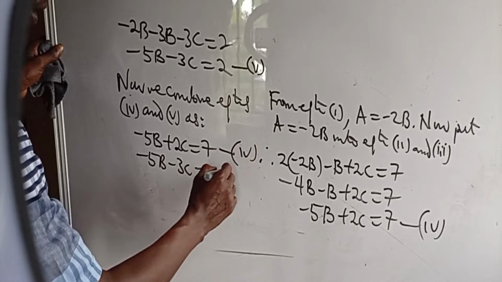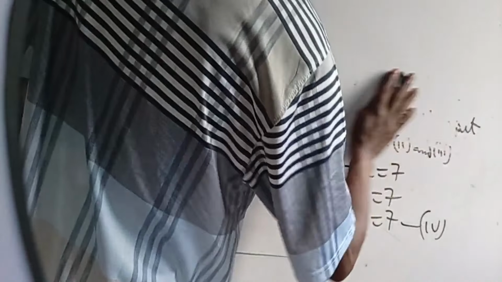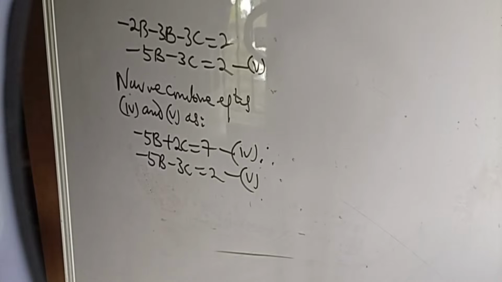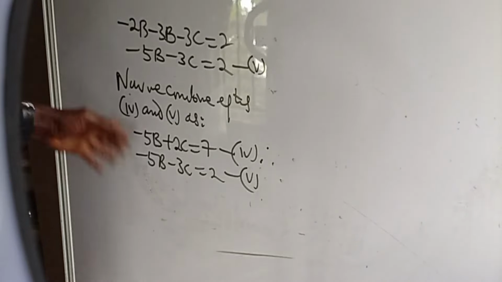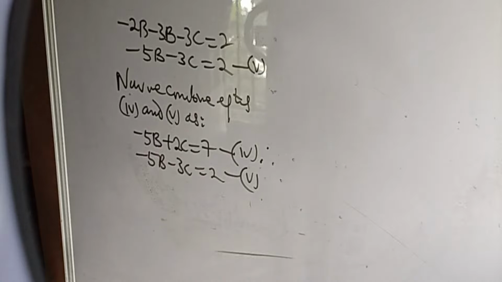You see that it will be easy for us to get b and c now. You observe closely that 5b is common, but we cannot eliminate them like that because they have the same sign. Before you can eliminate them, one must have a positive sign while the other has a negative sign.